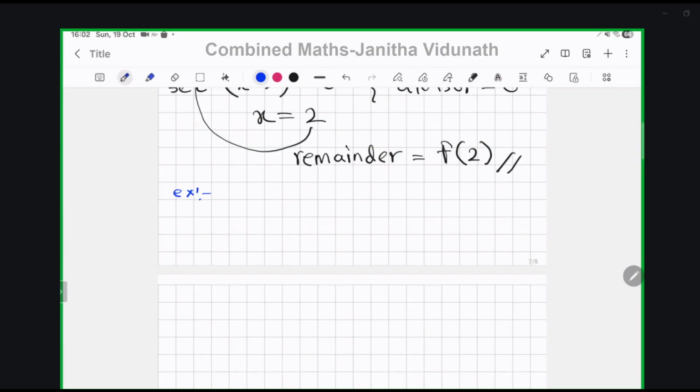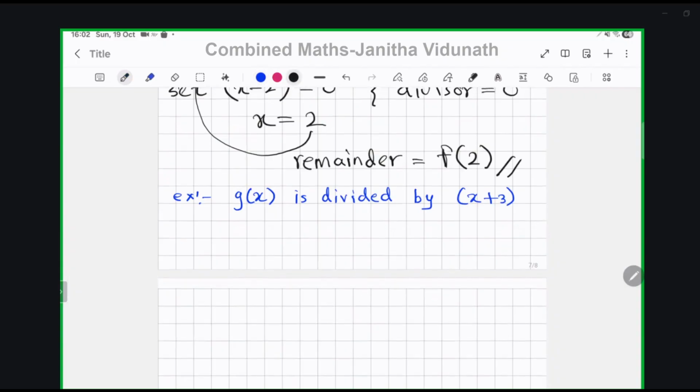Let's say we have a function g(x), divided by x plus 3. Then we need to find the remainder.